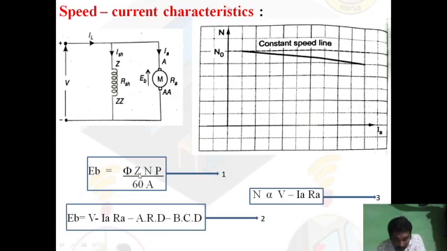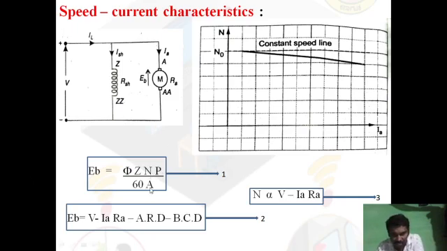So from these two equations, I will get equation 3, that is, speed is directly proportional to V minus IA RA. All the other parameters in the equations will be constant.